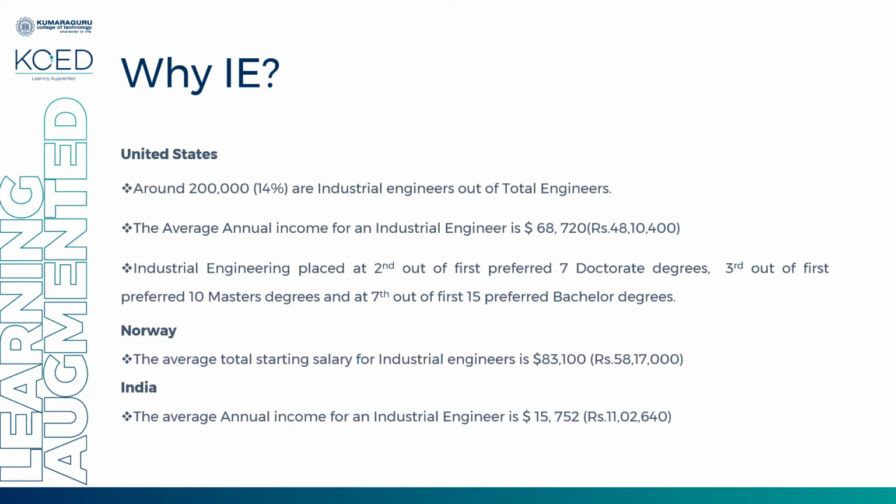That huge salary is paid for IE. In the Indian context, the average annual income for an industrial engineer is around 11 lakh plus rupees per annum. These are interesting figures. You can see how much people are getting when they go for industrial engineering jobs.